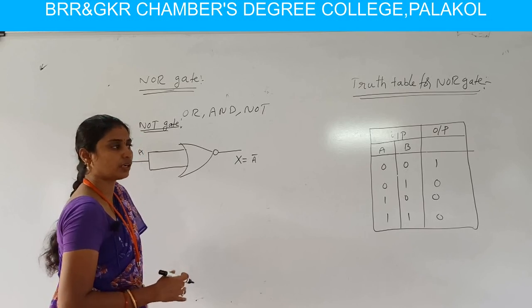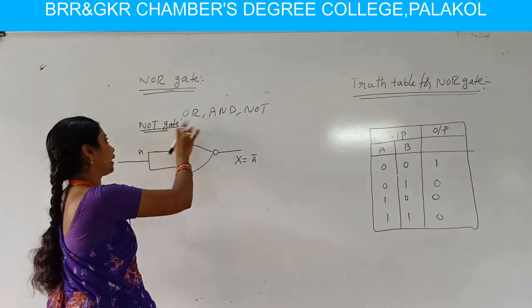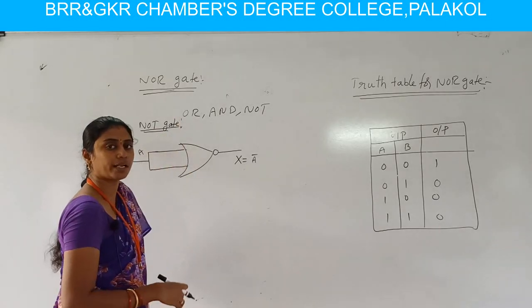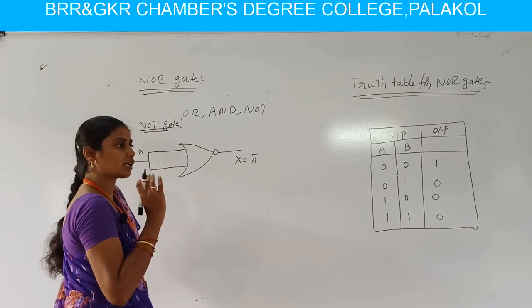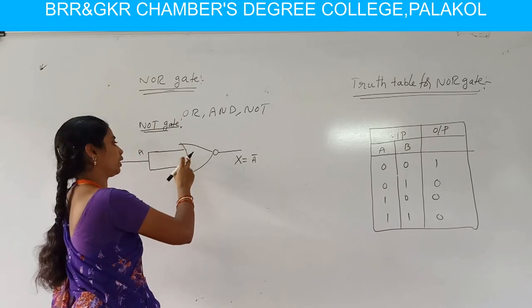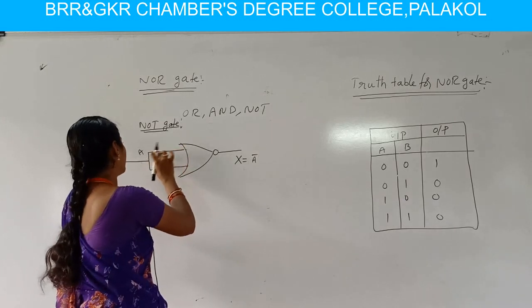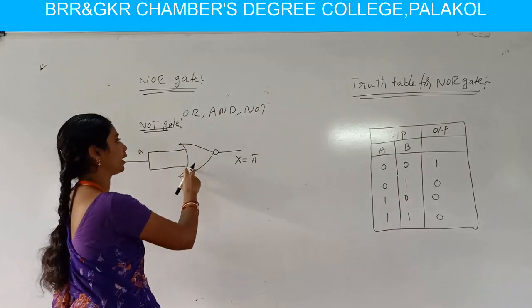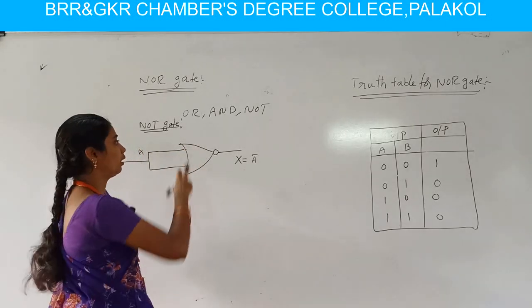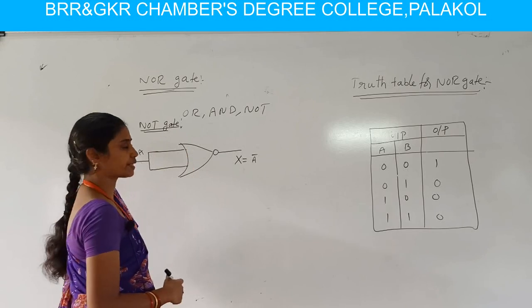The same operation is obtained by connecting the two inputs of the NOR gate together. Then we have the NOT operation. So from this NOR gate we construct the NOT gate. Hence the NOR gate is said to be a universal gate.